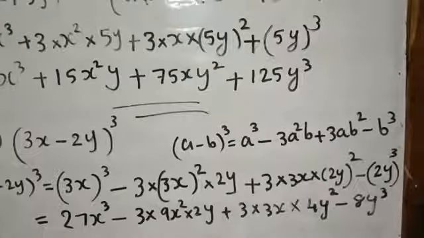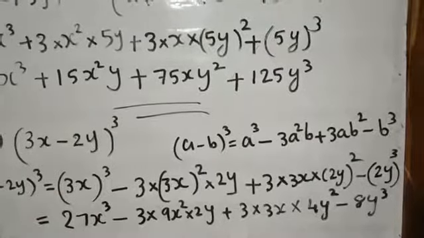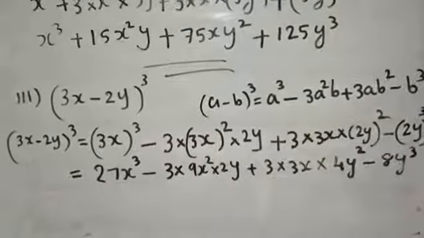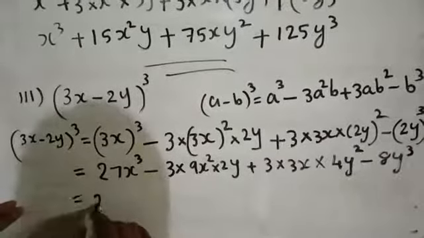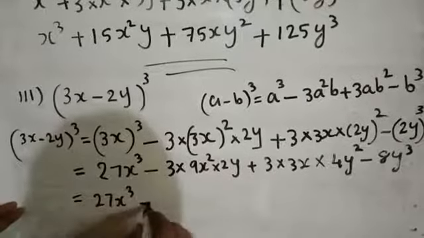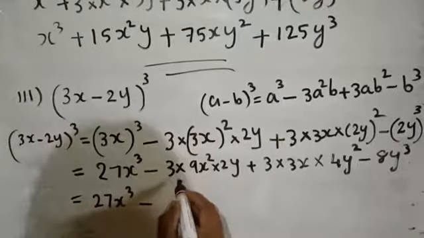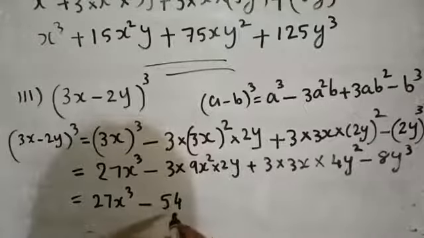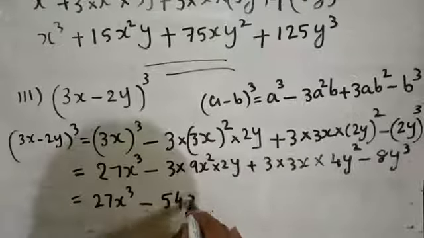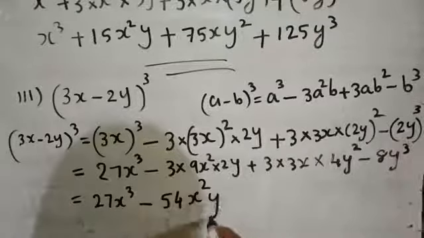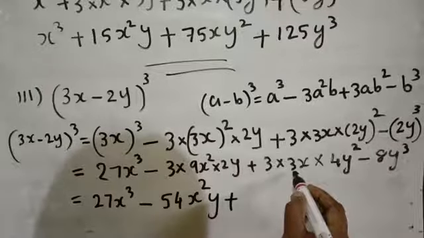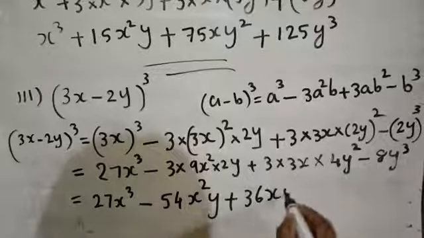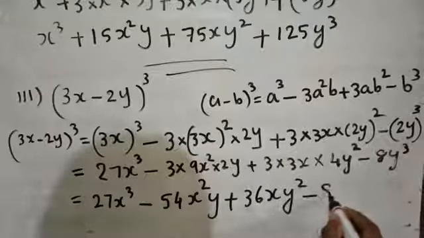Okay. Now we can multiply the constants again. So it is equal to 27x cube minus 9 3s are 27. 27 into 2, 54 x square y plus 3 3s are 9, 9 4s are 36 xy square minus 8y cube.